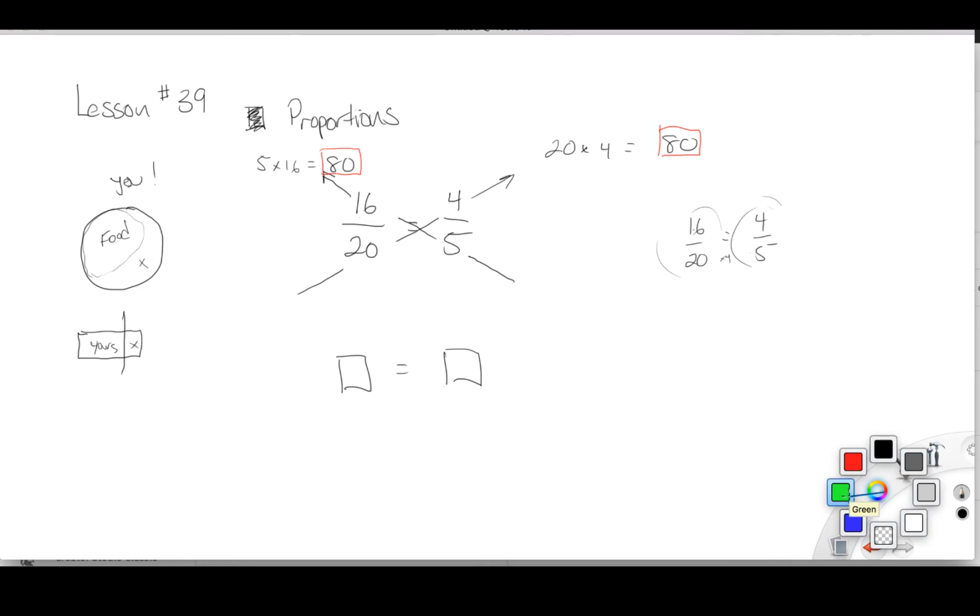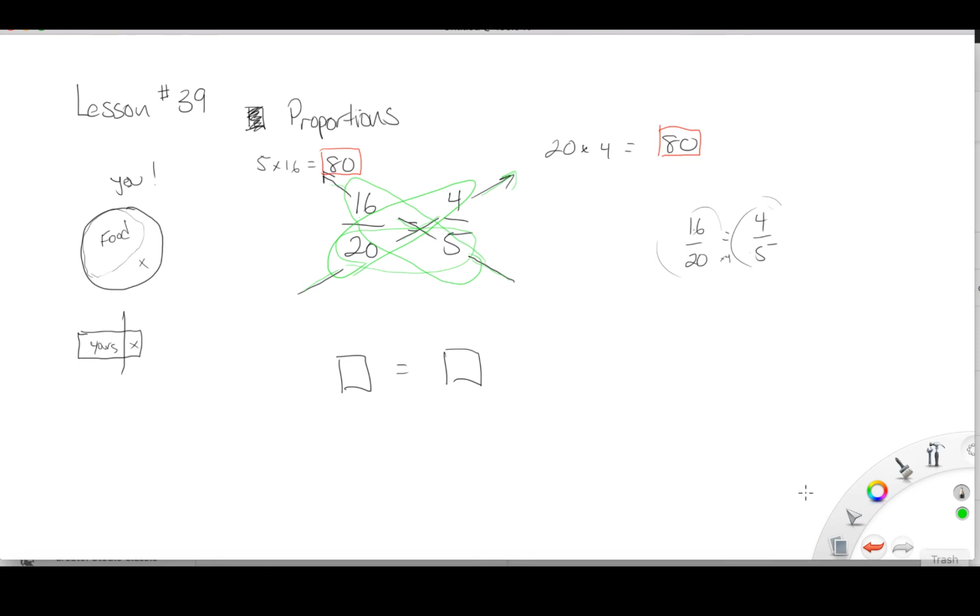I'm going to switch to green here and show you this. I've drawn arrows through the opposite sides of these fractions. So notice this relationship: 20 times 4. Notice the arrow, I want to go this direction, 20 times 4, and I want to go this direction, 5 times 16.